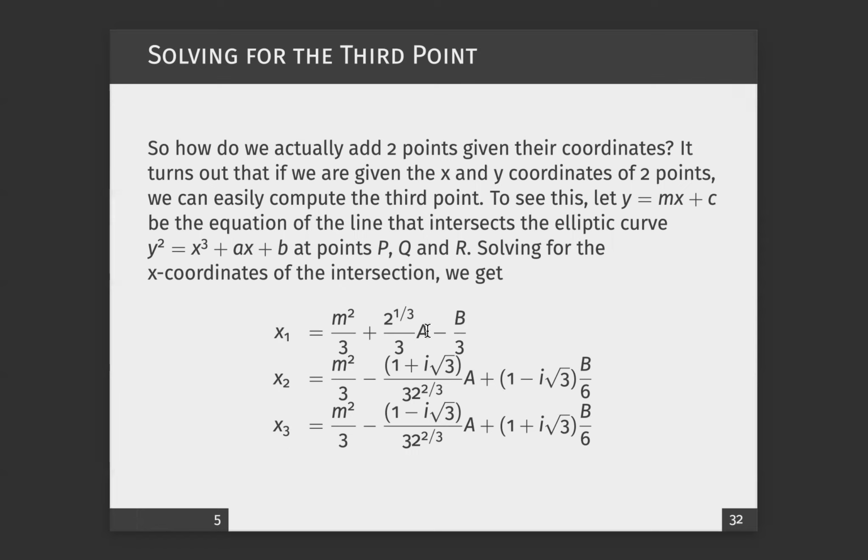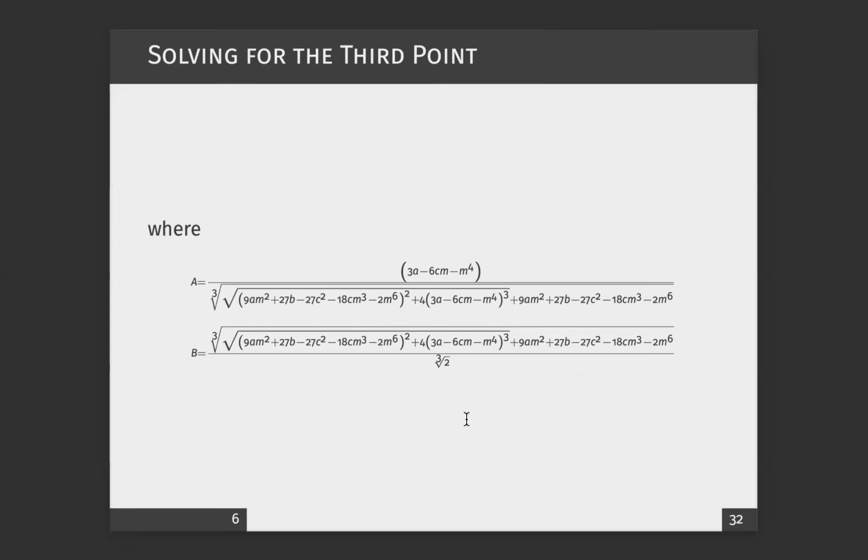Where A and B here are these expressions. But the good thing is we don't really need to know what A and B are, because it turns out that for our purposes we don't need to know that. Why?